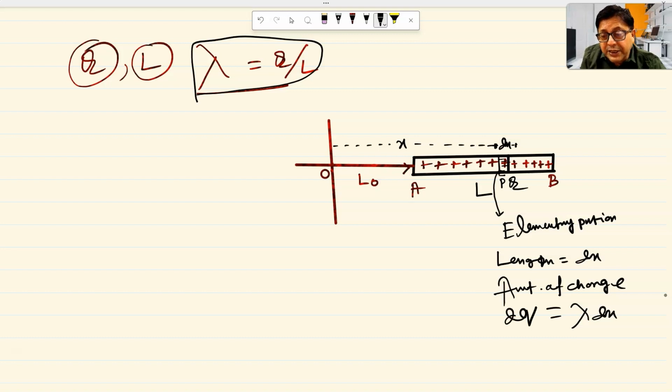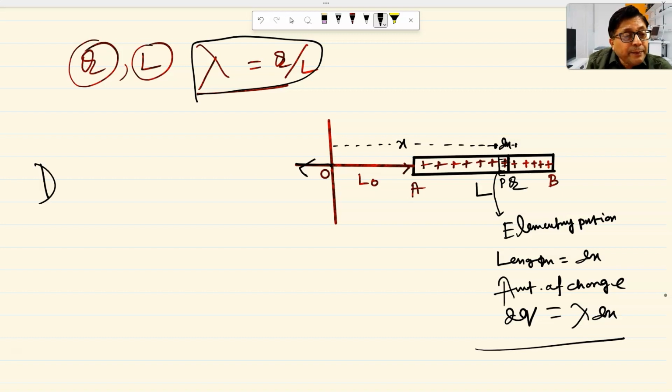That we have taken as dq here. dq is lambda into dx. After dividing into an infinite number of small parts, this charge dq is a point charge now. Due to a point charge at a distance x, you know the strength of the electric field. Since this is a positive charge, all the charges are taken as positive.